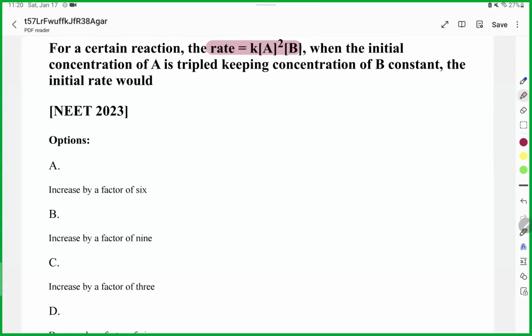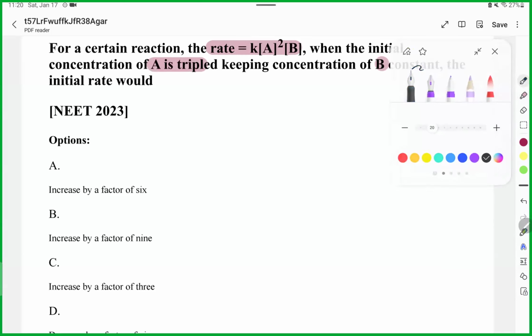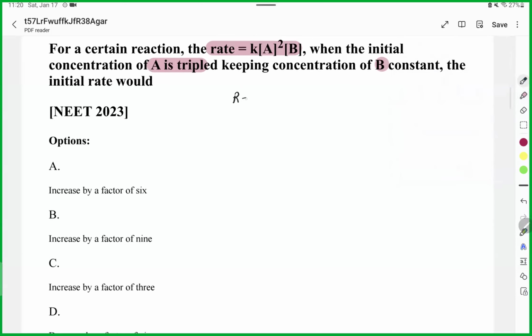Pratigya, if the initial concentration of A is tripled, keeping B constant, the initial rate would be... Your current reaction is like this: rate = K[A]^a[B]^b.